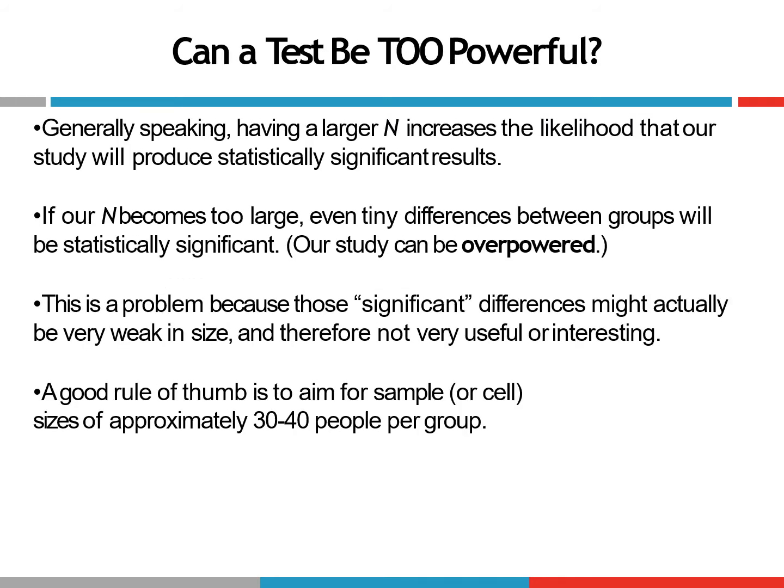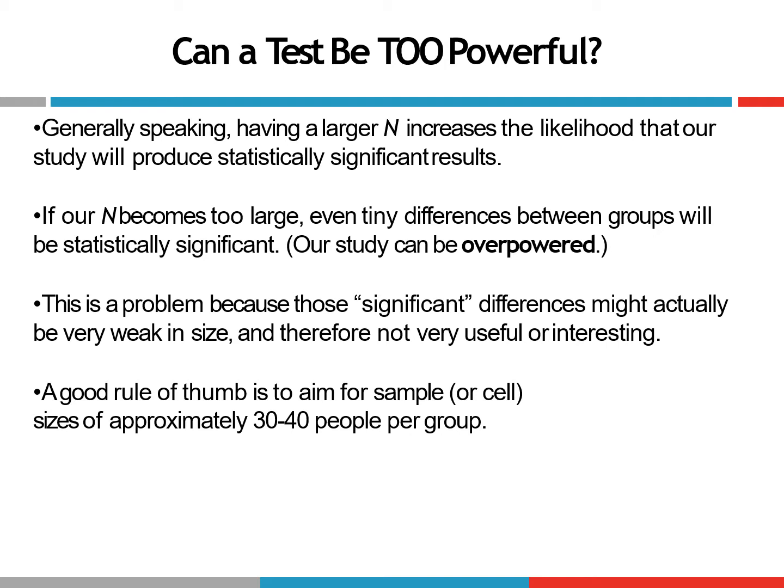Okay. But just like a potential statistical test can be underpowered, or not have enough participants, it's also possible for a test to be too powerful or overpowered, right? Generally speaking, having a bigger sample increases the likelihood that we'll get statistically significant results.